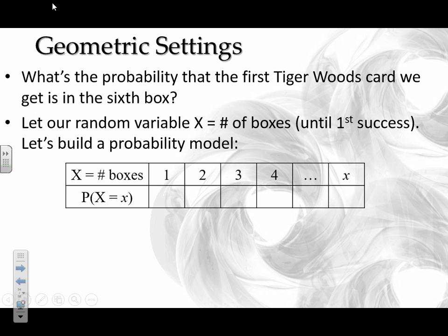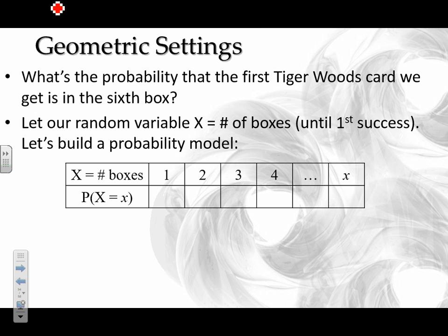So, think about what we have going on here. We're going to let our random variable x be the number of boxes until our first success. So basically, the number of boxes until we get a Tiger card. Okay?